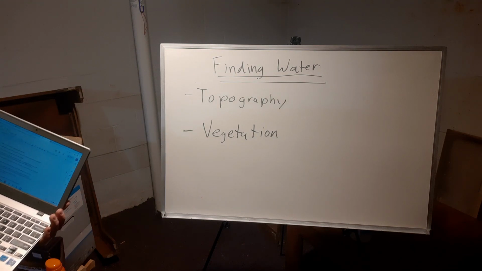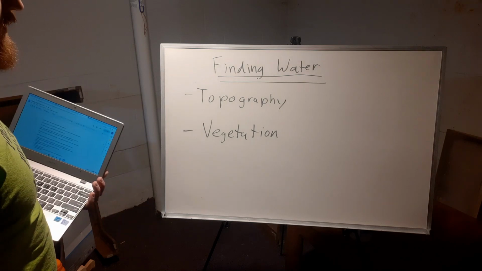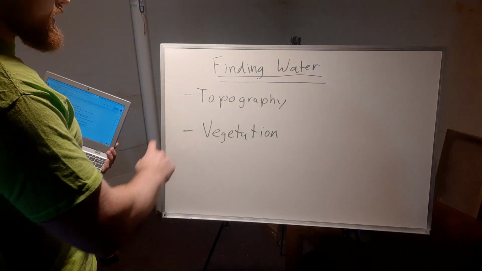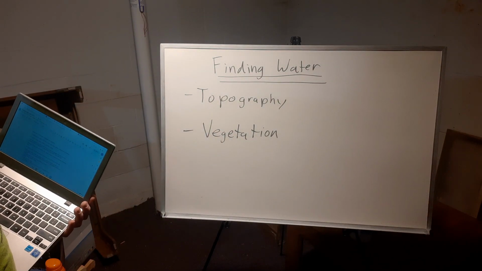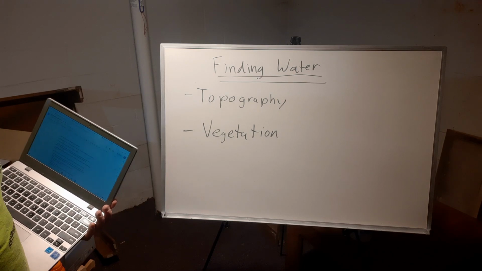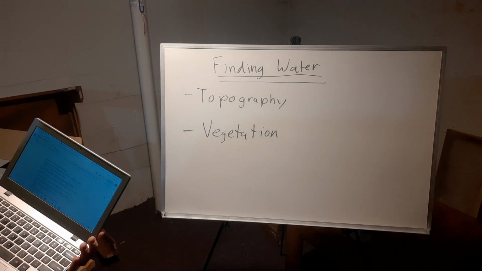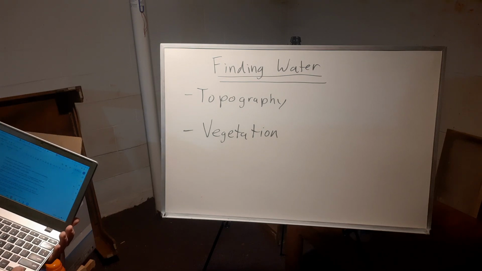So we have two ways of finding water in the wilderness, okay, according to me. We have topography and vegetation, all right? You can use topography and vegetation to your advantage to figure out where water sources are. By using topography and vegetation, you can find water no matter where on earth you are.